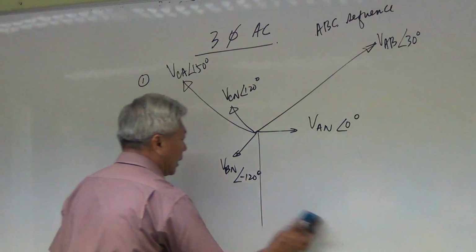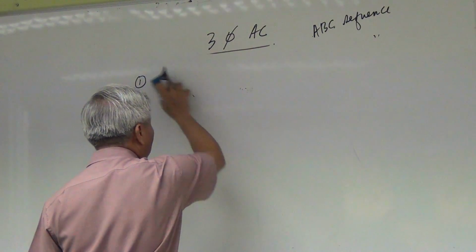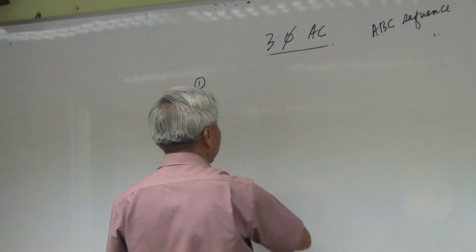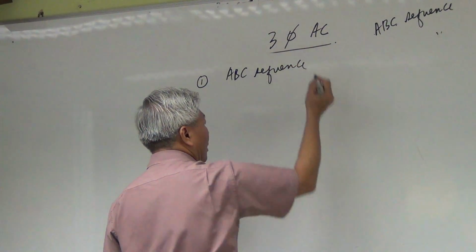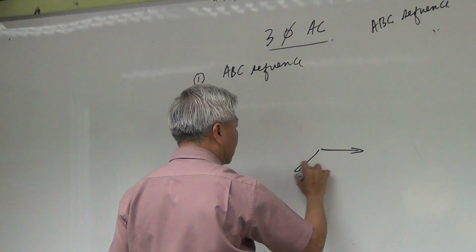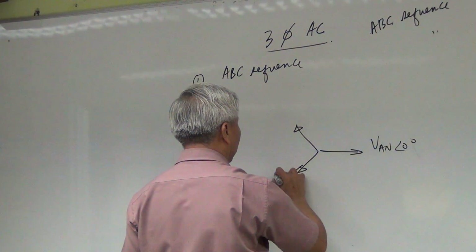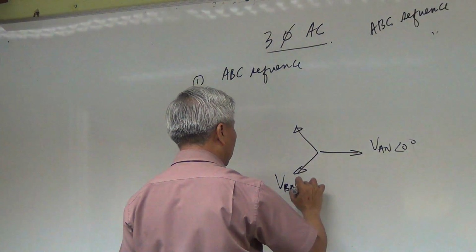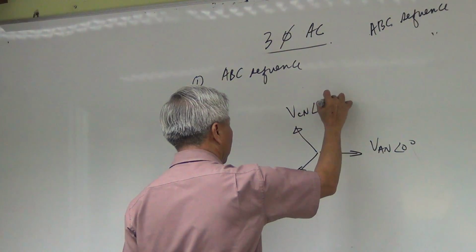Okay, let's do it one more time. To construct this phasor diagram, which I call the ABC sequence phasor diagram, it's these three short arrows: VAN 0 degree, VBN minus 120 degree, VCN 120 degree.